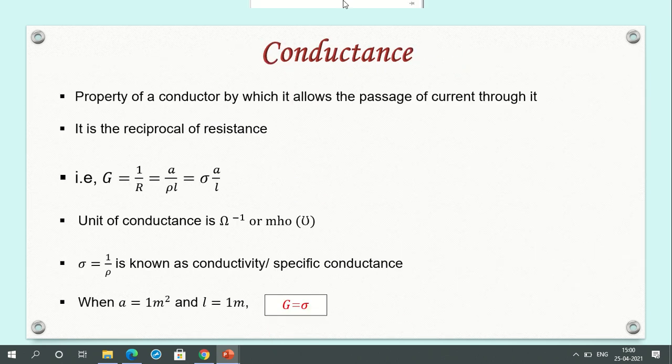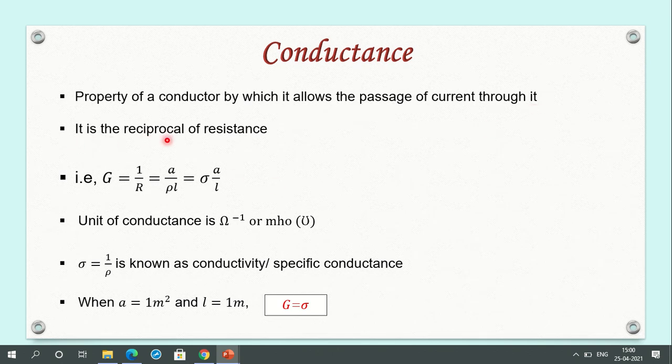The next parameter is the conductance. Conductance is actually the opposite of resistance. Conductance of a material is the property by which it allows the passage of current through it. Resistance is the property to oppose current, but conductance is the property to allow the passage of current.